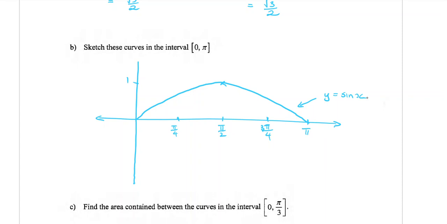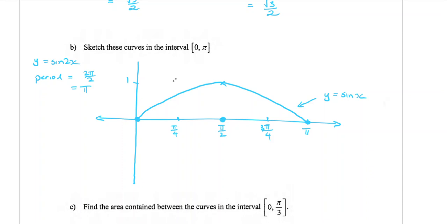For y equals sine 2x, my amplitude hasn't changed, but the 2 is changing the period. The period is going to be 2 pi over 2, which is pi. So this one is going to do a complete rotation by pi. It's going to start at 0, end at 0, and in the middle go through pi over 2.